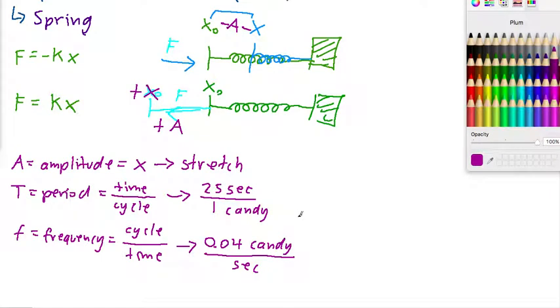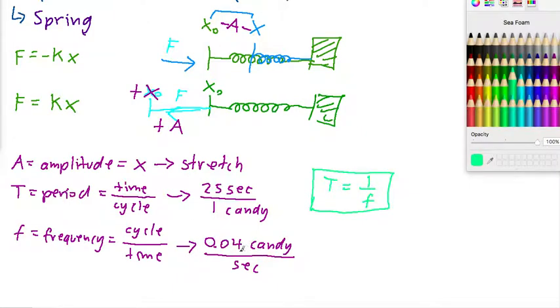If you haven't noticed, I'm pretty sure you have, the inverse just means T, the period, is equal to 1 over frequency. This relationship is very critical. This is how you get 25 seconds per candy, and then you can translate that into the frequency as 0.04 candy per second.